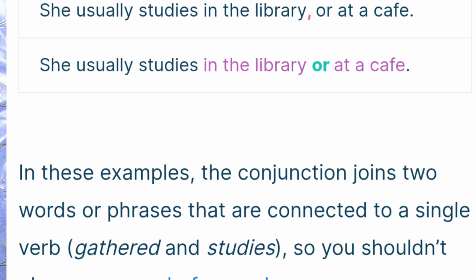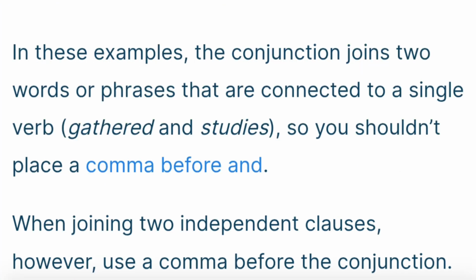In these examples, the conjunctions join two words or phrases that are connected to a single verb: gathered and studies. So you shouldn't place a comma before and. When joining two independent clauses, however, use a comma before the conjunction.